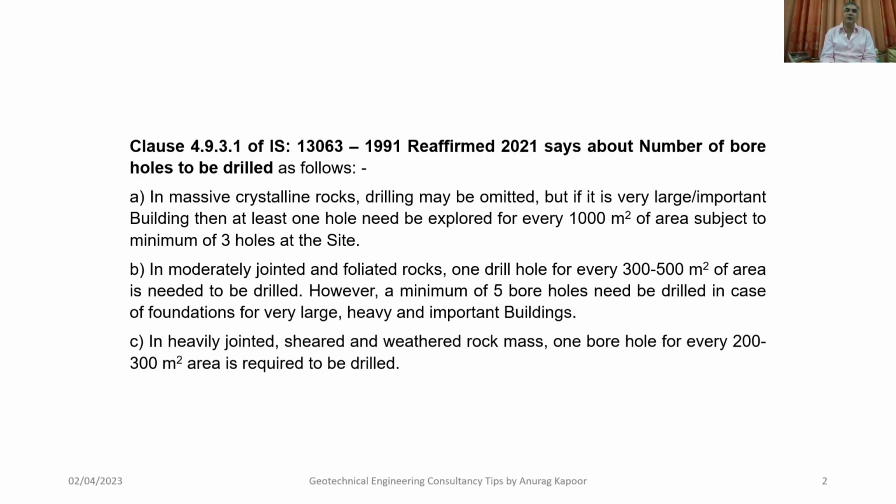If it is moderately jointed and foliated rocks, then one borehole is to be drilled for every 300 to 500 square meters of area. However, a minimum of 5 boreholes need be drilled in case of foundations for very large, heavy and important buildings. If it is a heavily jointed, sheared and weathered rock mass, then one borehole for every 200 to 300 square meters of area is required to be drilled.